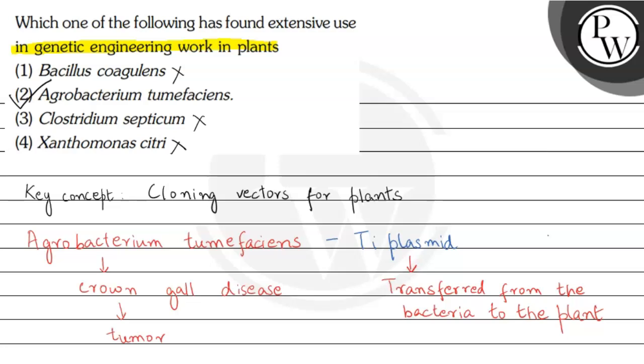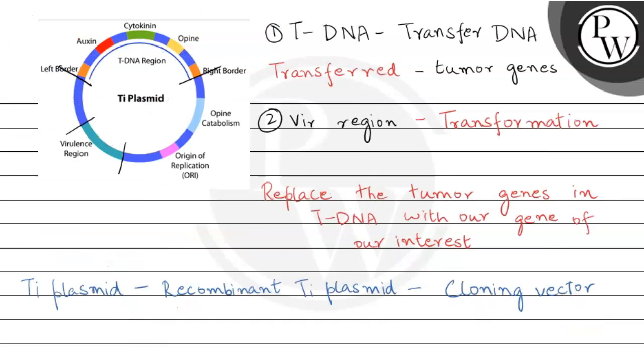So our final answer for this question will be option number 2, that is Agrobacterium tumefaciens. So Agrobacterium tumefaciens वो बैक्टीरियल स्पीशीज है जो जेनेटिक इंजीनियरिंग ऑफ प्लांट्स में सबसे ज्यादा यूज किया जाता है.